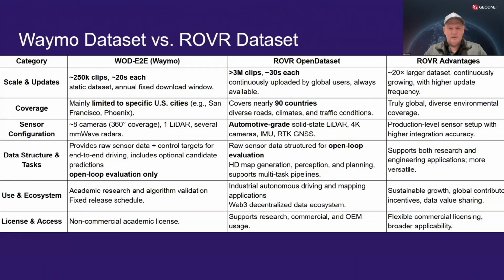So it's really difficult, and it makes the barrier to get started in autonomy very, very high for smaller companies, startups, that ecosystem. So I think the flexibility of the licensing terms of the Rover Open Data Set, the commercial orientation, the geographic coverage, and our ability to support both large companies but also startup companies is something quite unique in the marketplace and quite exciting.